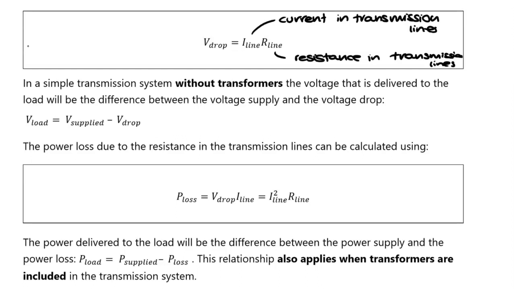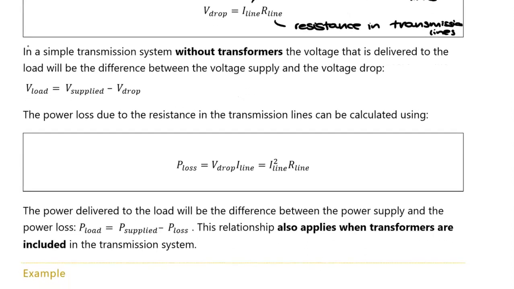Now, the power loss due to the resistance in the transmission lines can be calculated in two ways, but you must be extraordinarily careful. P loss, like I mentioned before, rather than P drop. That is the current in the line that we had again, times V drop. This is the voltage lost due to the power lines.